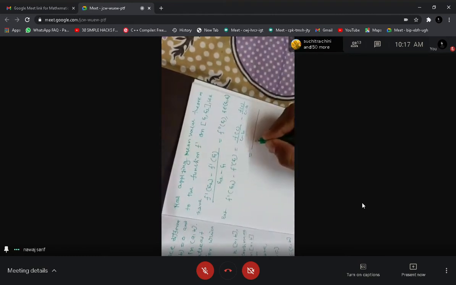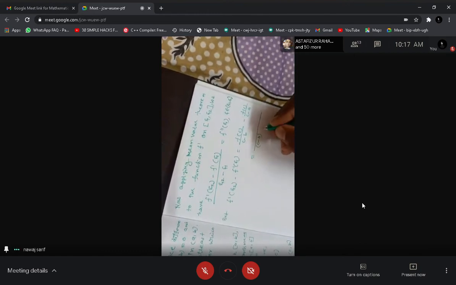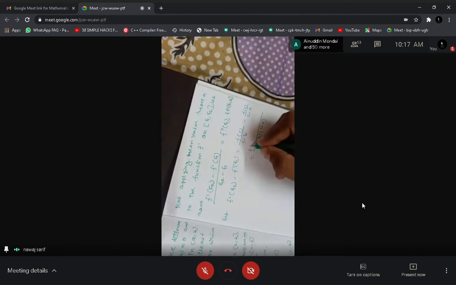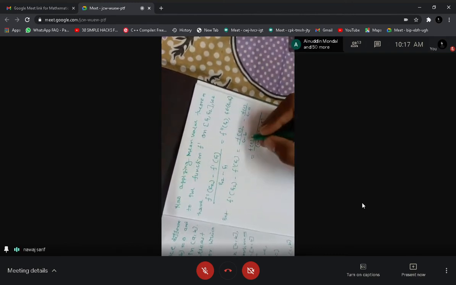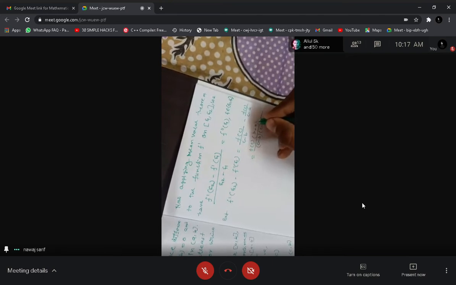Expression below: this one is c minus b into c minus a, and f of c common out, and c minus a minus c minus b. So this one will be what? b minus a. Is it okay?